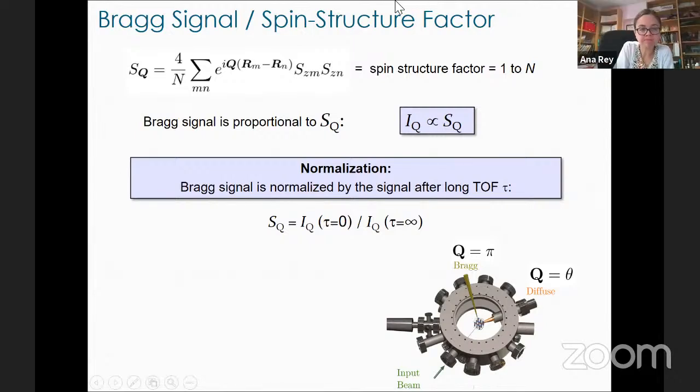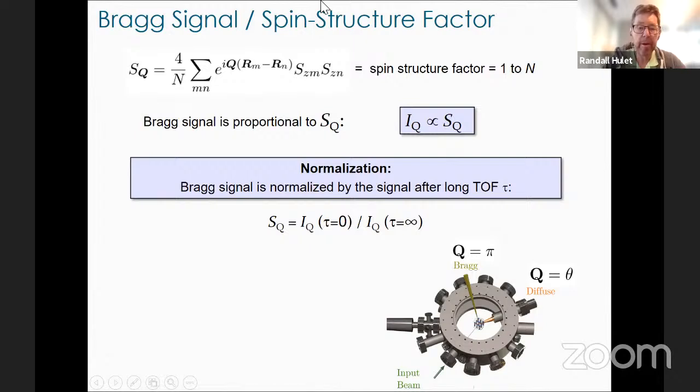The scattering process that we have projects onto one spin component, which is up or down along Z. If the antiferromagnetic order was not projected into that spin basis, for example if it was up and down along X, we would have to do some spin alignment using radio frequency to account for that.